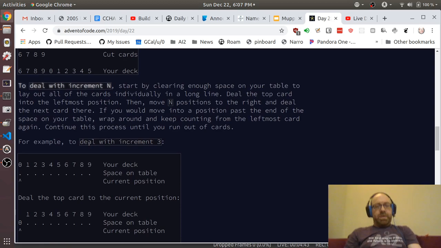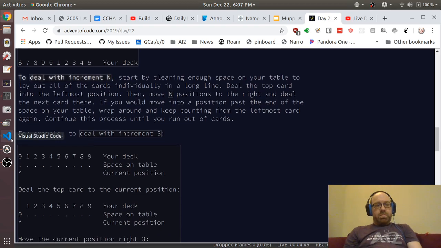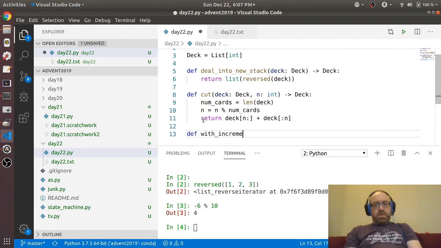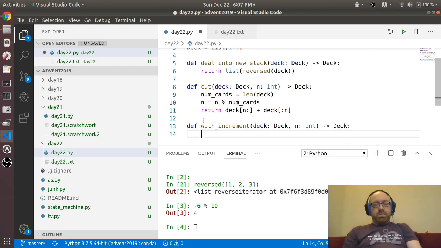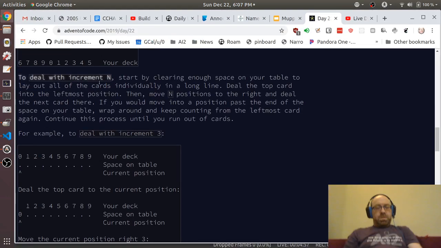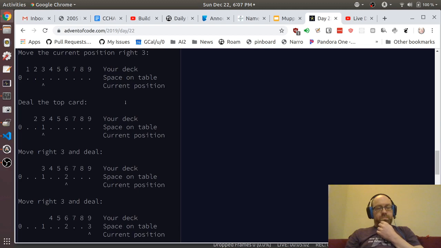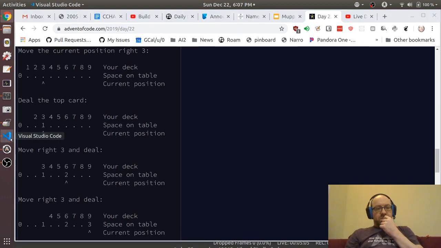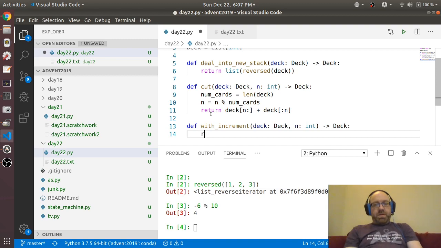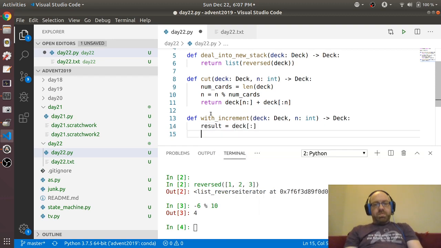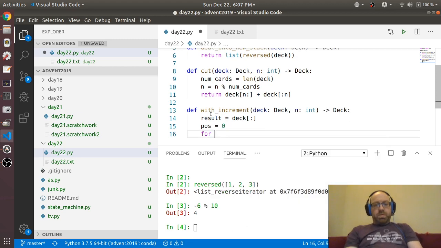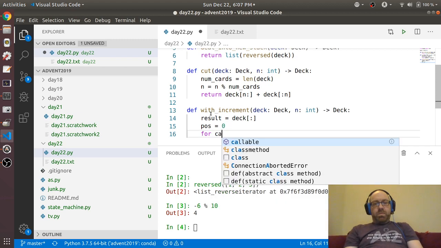Finally, to deal with increment n. So def with increment, deck n int goes to deck. And so on and so forth. And let's say result equals, we'll just copy it, and then position equals 0, for card in deck.